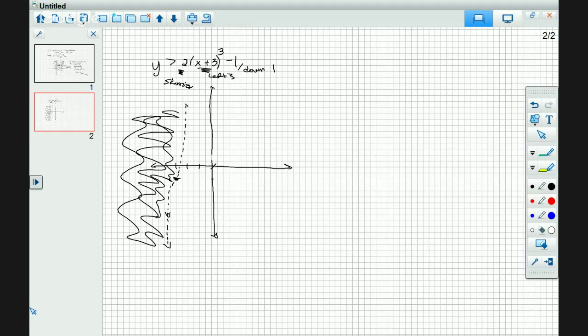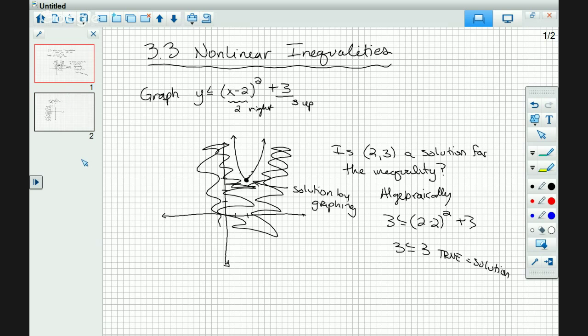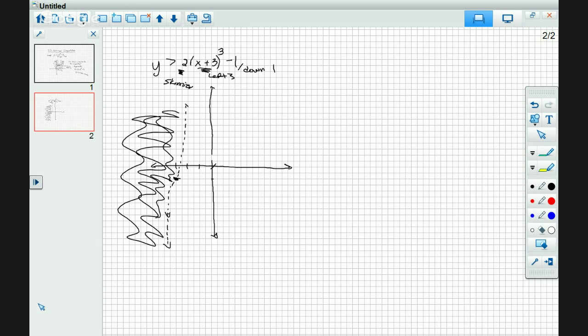Some people will teach you to check points every time for a solution to shade. I don't think that's necessary. If you don't want to check, like we did here, this would tell us to shade below. This is the solution. I don't require that because I just don't think it's necessary. You can see that it's bigger than and above. Okay. So, totally your call on that one.